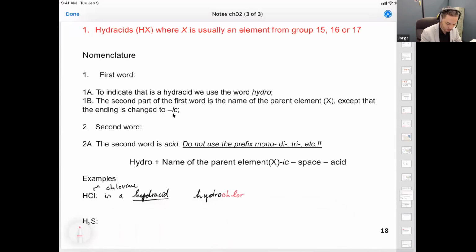However, the ending we are going to change to IC. So instead of chlorine, it is going to be chloric. Okay, see the change here. So therefore, this makes up the first word, hydrochloric. Give a space, and then the second word is simply acid. Therefore, HCl is hydrochloric acid.